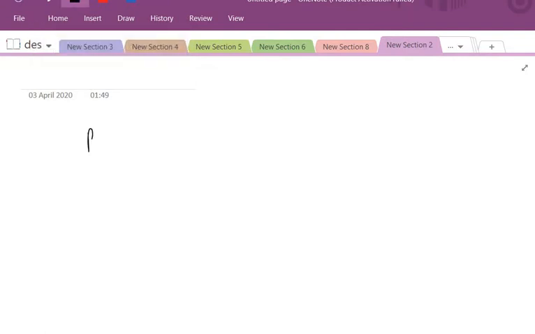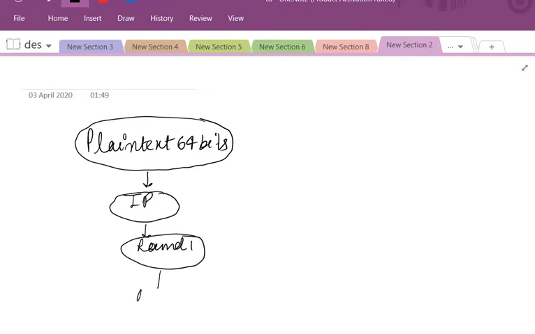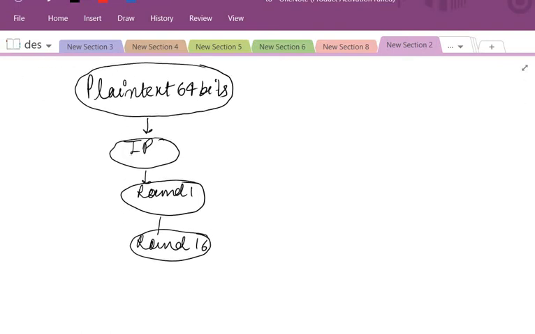So this is my plain text of 64 bits. Now here is an initial permutation, and there is round 1, and so on up to round 16. Then there is a final permutation.